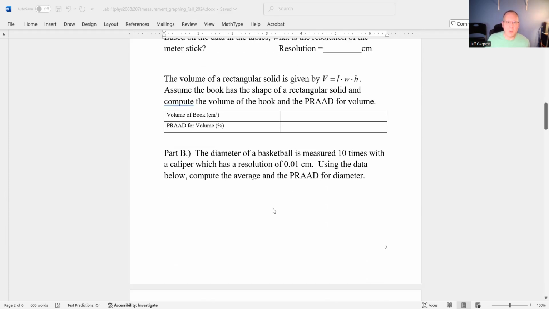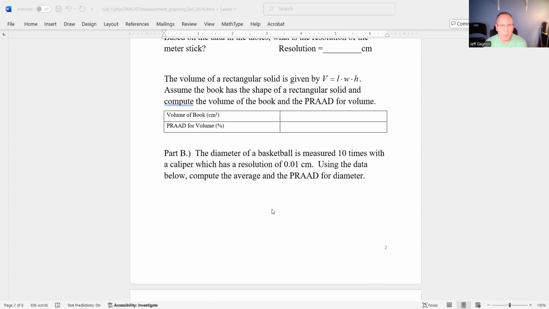Okay, next, you're told that the volume of a rectangular solid, right? So the volume of a box or of a book is given by length times width times height. So V, volume, equals length times width times height. Assume the book has a shape of a rectangular solid, and I want you to compute the volume of the book and then the PRAD for volume.